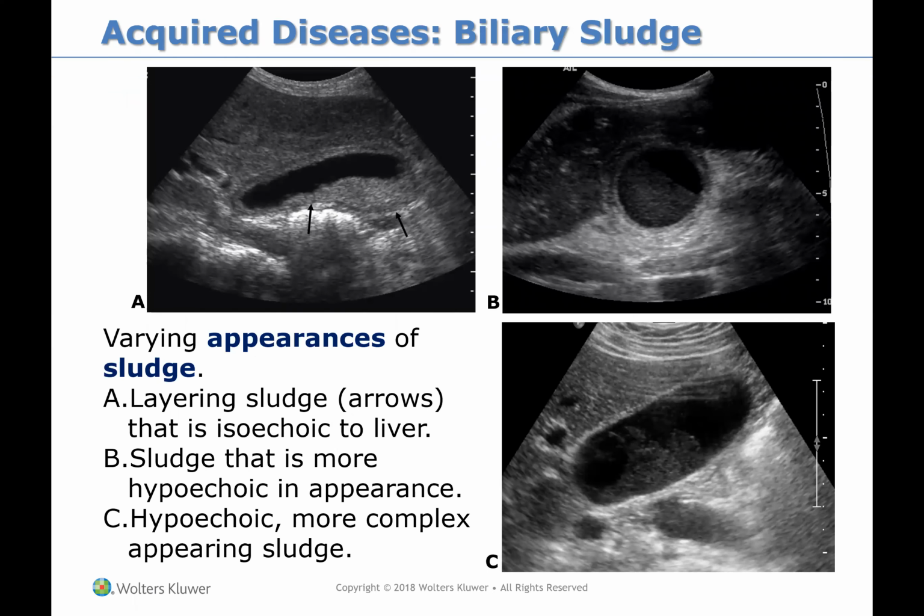This is different varying types of sludge. I think you can see it best in image B, where you can see the fluid level in the gallbladder, and it's more of a hypoechoic echo texture.